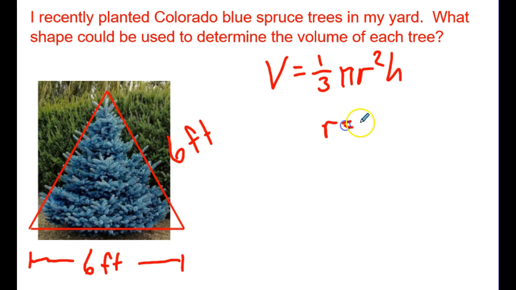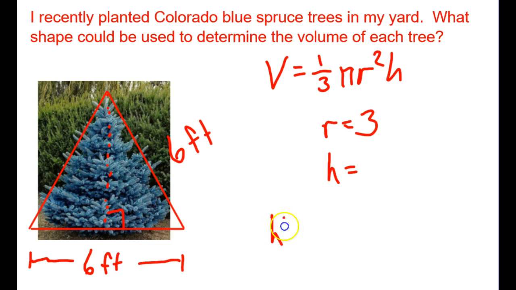We still need to find the height, h, which is going to be straight down to the bottom here. So what we're going to have to use is the Pythagorean theorem in order to find h. If we focus on this right side, we have a right triangle. We know the hypotenuse is 6 and one of the legs is 3.